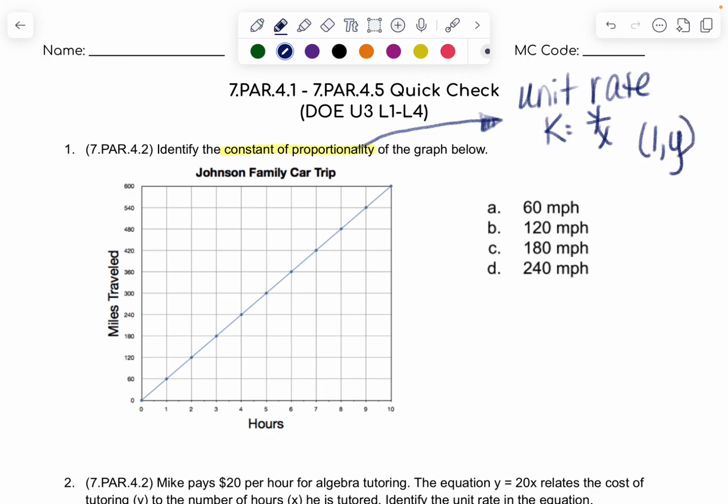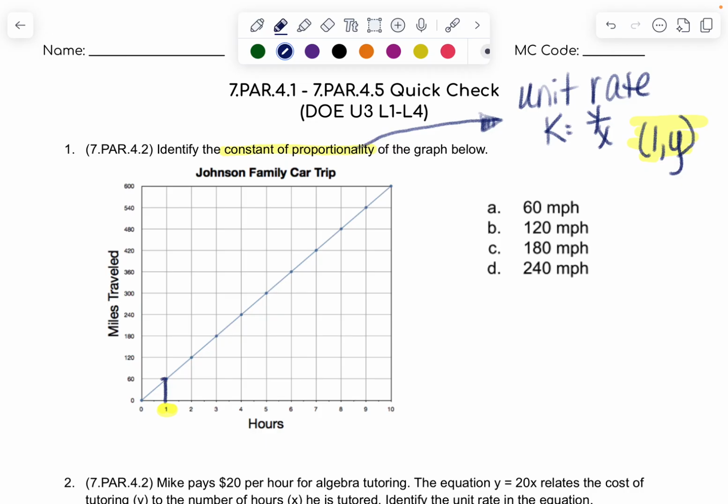So, of course, since we're looking at our graph, we're going to be focused on the 1, Y first. In order to define the constant of proportionality in a graph, you're going to go to 1 on your graph and draw a corner.